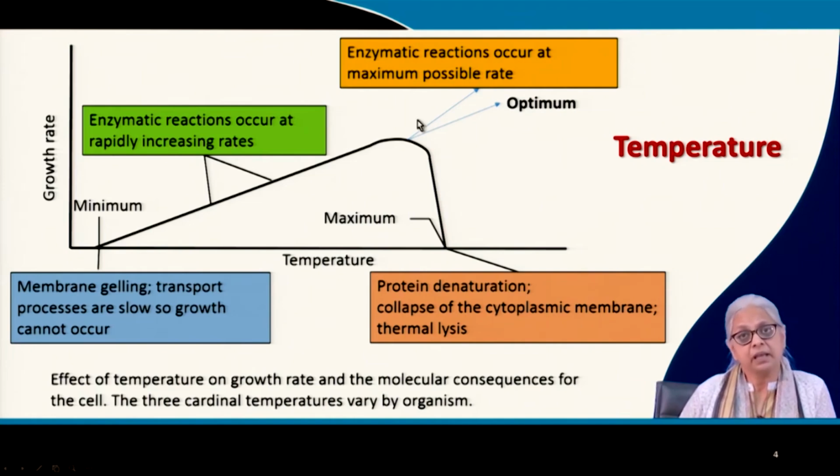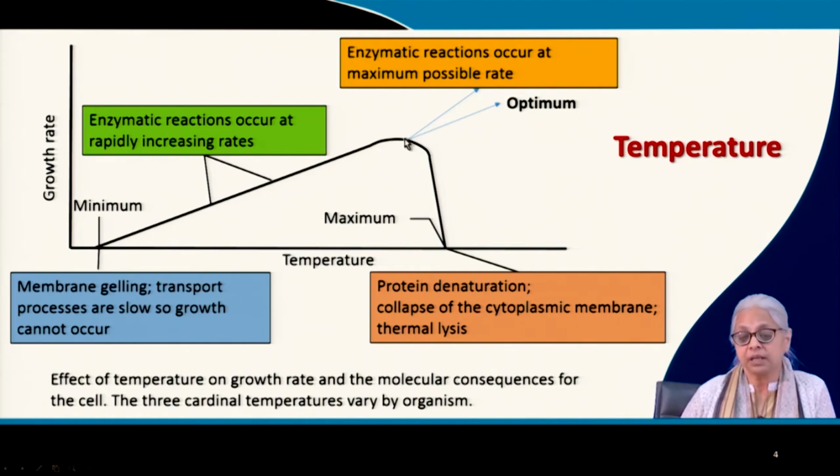We've also seen that one of the major factors that causes denaturation of proteins is high temperature. There comes a point at which the proteins that are part of the cell are going to be denatured. At this point, you will get protein denaturation, you will get collapse of the plasma membranes, and you may get thermal lysis.